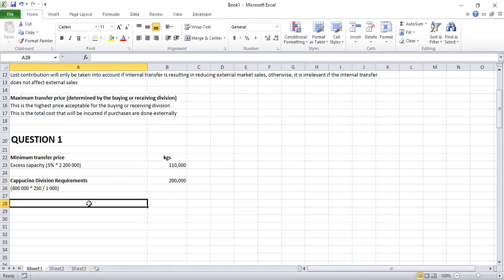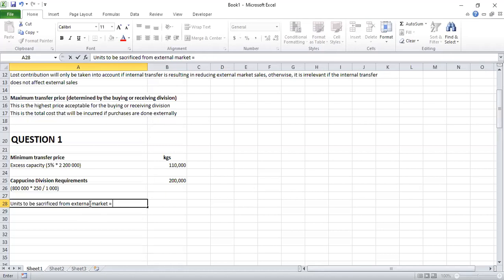If they want the 200,000 kgs, that means there are units to be sacrificed from external markets. Why will there be a sacrifice? Because their demand of 200,000 is more than the available capacity of 110,000. We can only give them 110,000 without a problem.